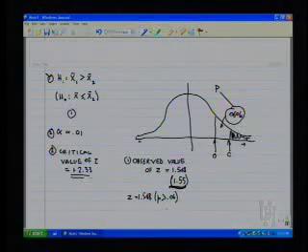When p is greater than alpha, you fail to reject the null hypothesis.